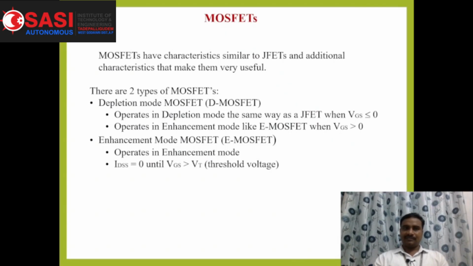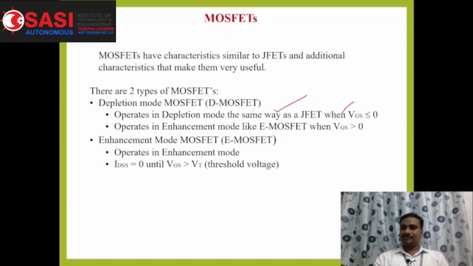Generally, MOSFET device characteristics are similar to JFET, with additional characteristics that make them very useful. There are two types of MOSFETs. One is the depletion mode MOSFET, which may be called DMOSFET, and this DMOSFET can be operated in two modes. One is depletion mode of operation, similar to the JFET.